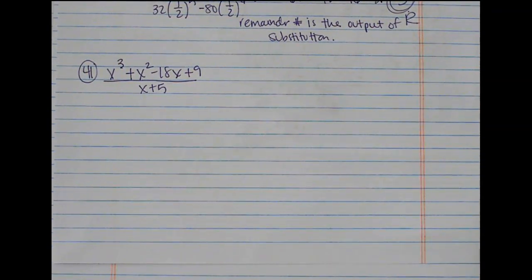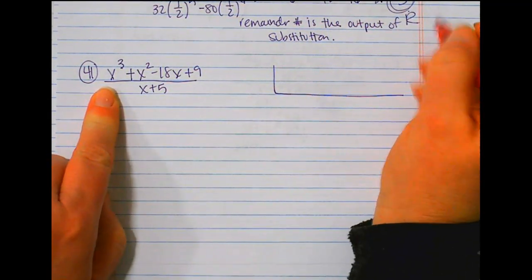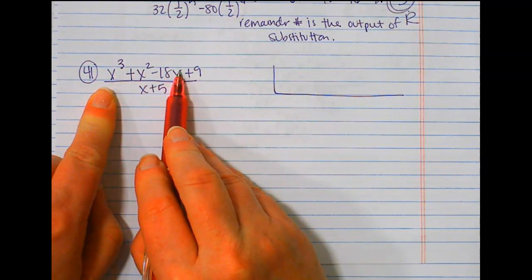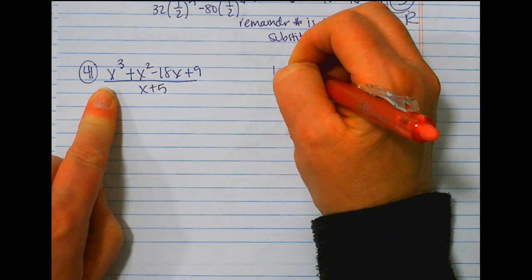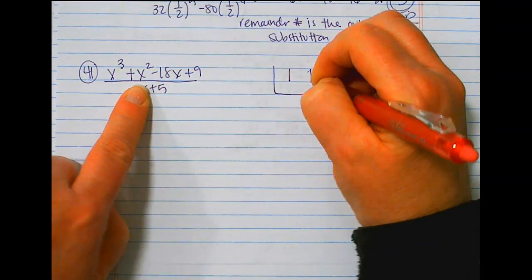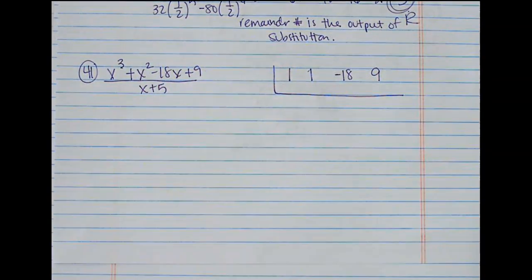The trickiest part about synthetic division for me is not the part that I put in the box, because that's easy. As long as we have 3, 2, 1, and 0 exponents, I can just write down the coefficients: 1, 1, negative 18, 9. So that part is easy.